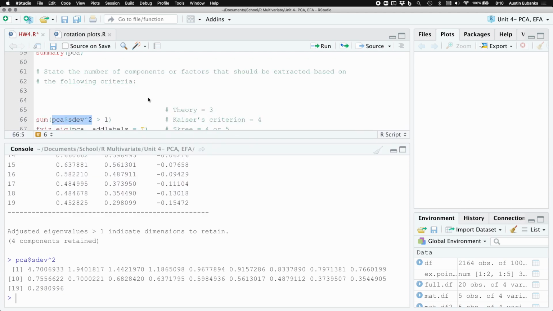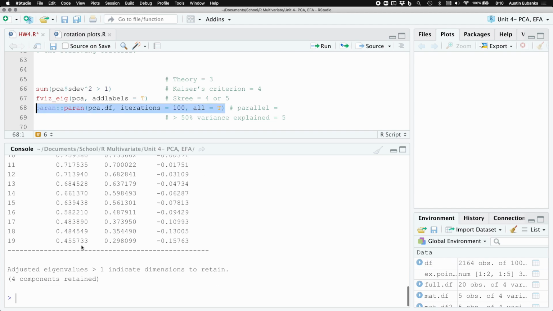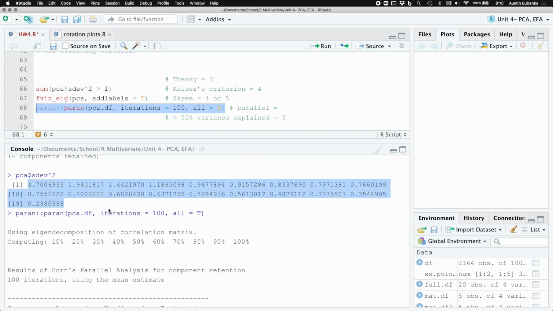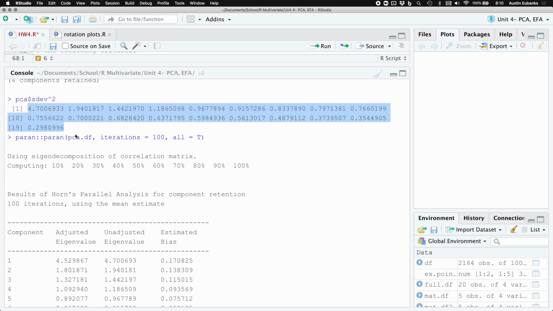Actually, let me run this so it is on the bottom. When we do that, we're comparing these eigenvalues here with the eigenvalues that our parallel analysis gets. What you're looking for is how many components have an actual eigenvalue greater than these randomized simulated ones.